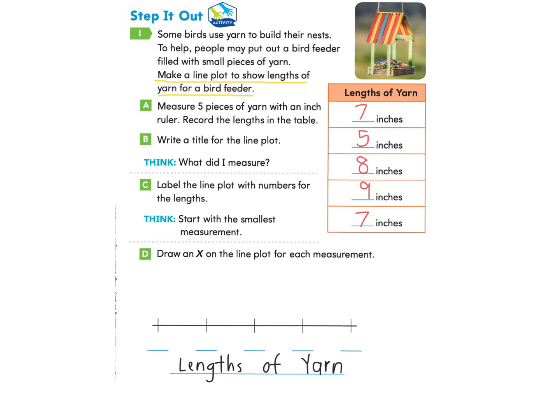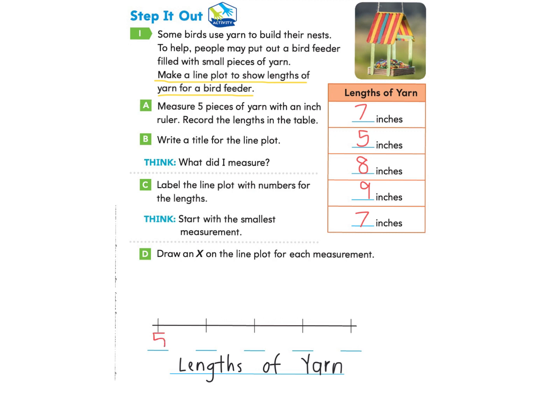What number should I start with? Let's look at the think. Start with the smallest measurement. Well, if I look at my table, I'm going to look at all of these numbers and look for the smallest one. Do you see it? That's right. It is number 5.